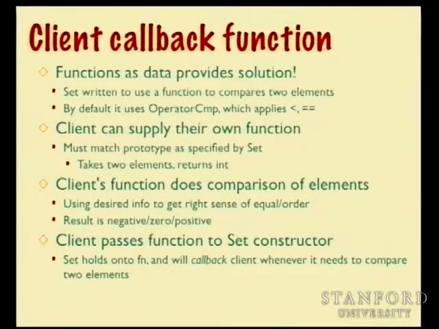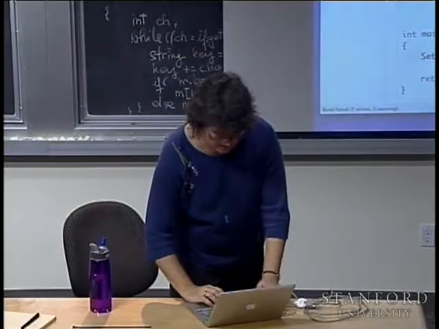The set will hold on to that function. So I say, here's the compare student structure function. It holds on to that name, and when needed, it calls back. It says, okay, I'm about to go look for a student structure. Is this the one? Well, I don't know if two student structures are the same. I'll ask the client. Here are two student structures. Are they the same? And then, as needed, keep looking or insert and add and do whatever I need to do. So let's go back over here.